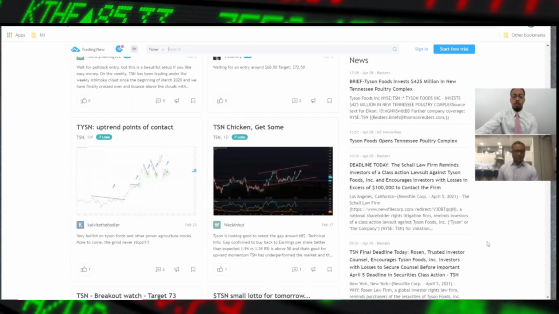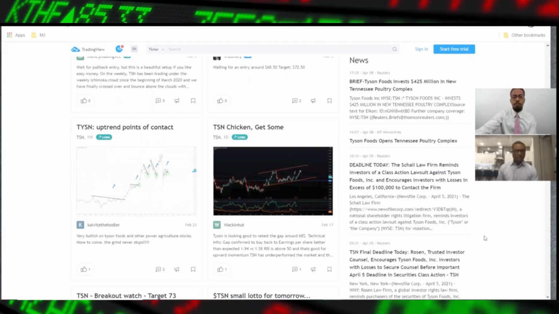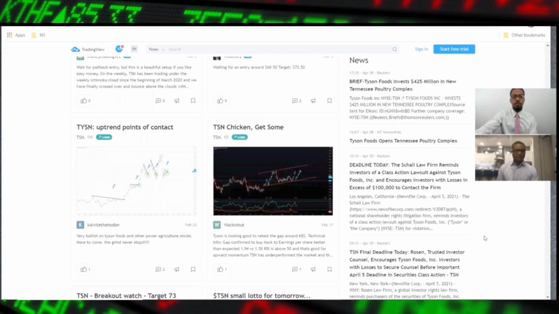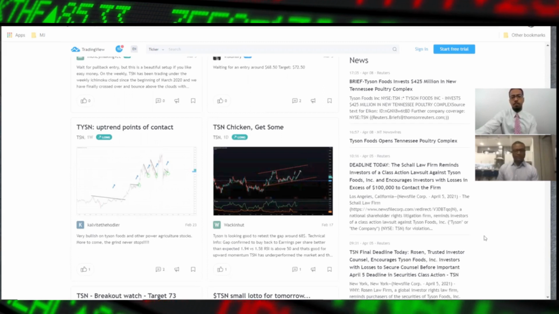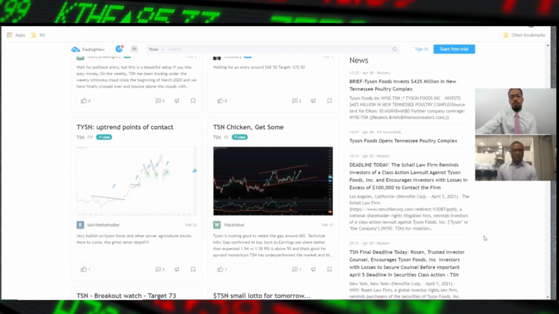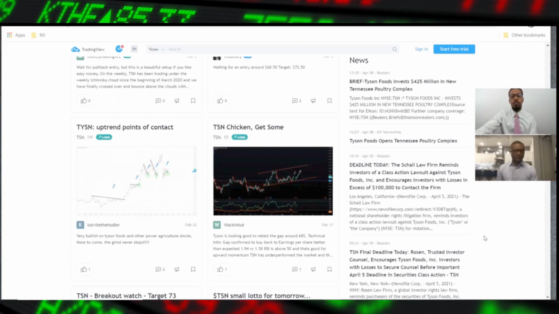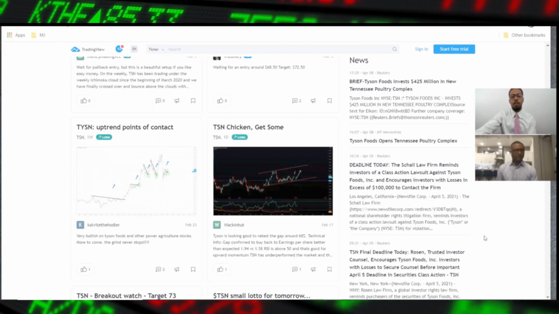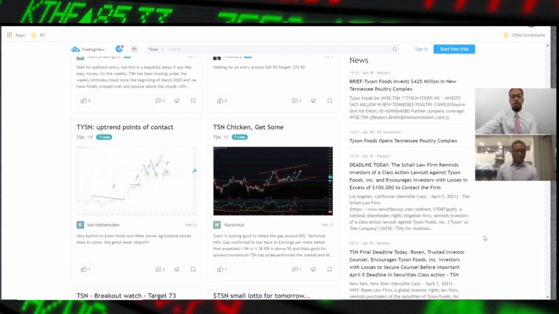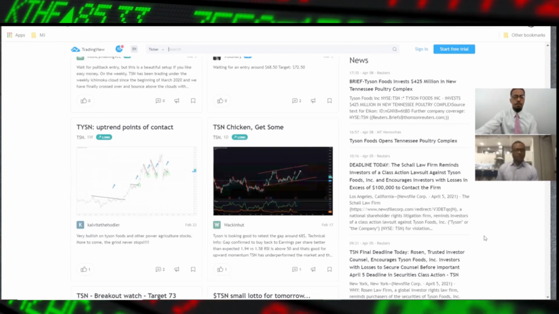If you see to the left of the screen, you have different analysis. You see Tyson uptrend, points of contact, and certain people's analysis with this particular chart. It runs up a little bit, then goes sideways, or falls a little bit, then runs up again. A lot of those are patterns that people look at to help them decide when to get in and when not to get in.